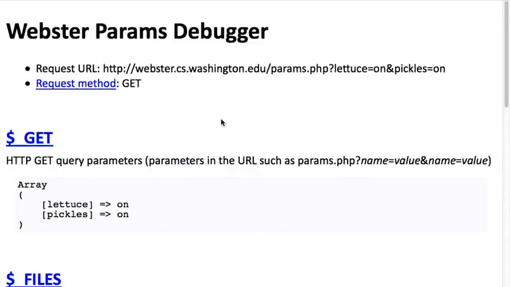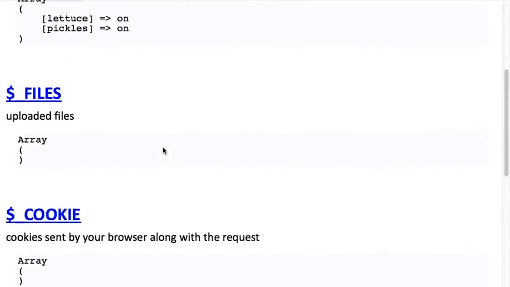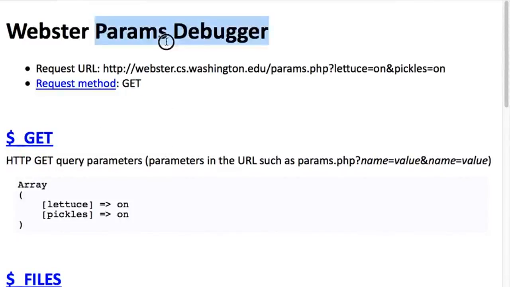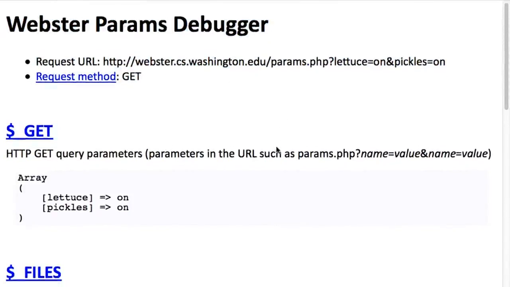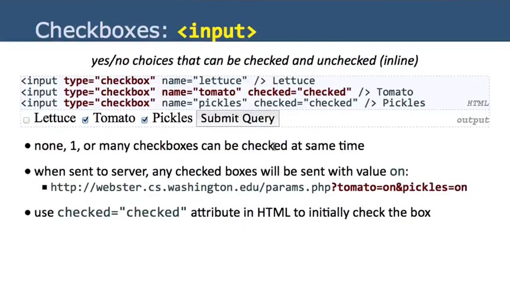When I submit the query, it submits it to params.php, and we can see the parameters that were passed to it: lettuce equals on, pickles equals on. It tells me what it received for get, and it'll show me a bunch of other stuff that we'll take a look at later in the quarter. So this is useful to make sure that your parameters are getting passed properly.